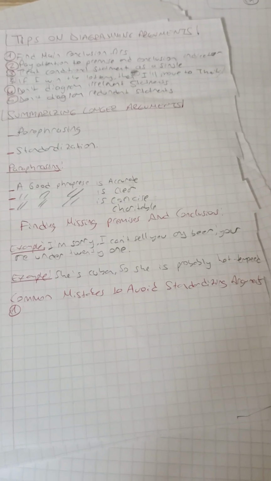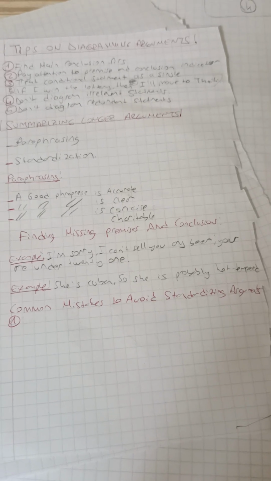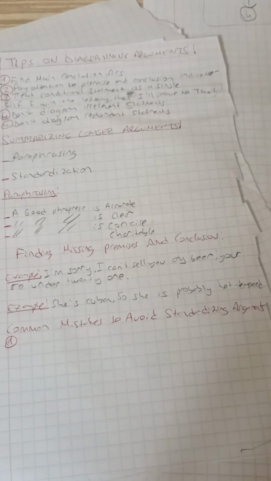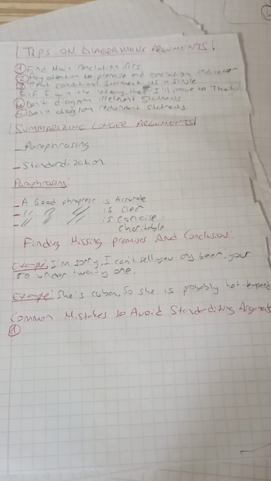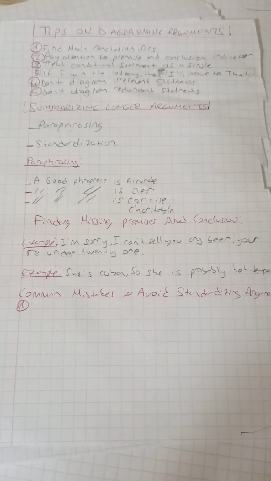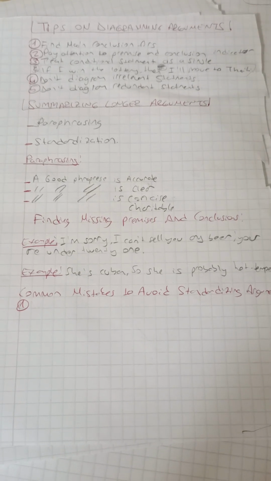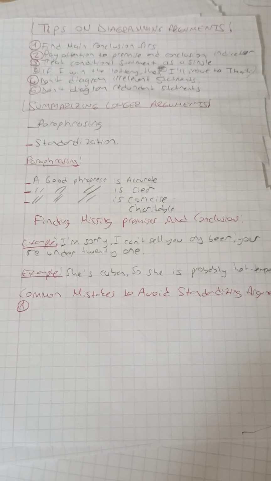And there are common mistakes to make when we standardize arguments. We should avoid them, and it takes practice to become good at standardizing arguments. And here are some common mistakes to watch out for.